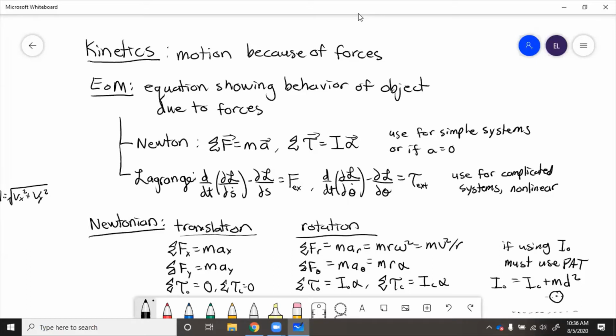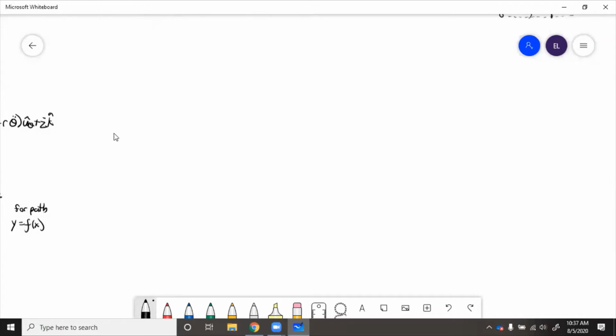You have I around the centroid, C, but this distance is D, and this origin is O. So I_C plus m d squared if you're rotating around an axis that is not through the center of mass. Whereas mass is resistance to linear motion, moment of inertia is resistance to angular motion.